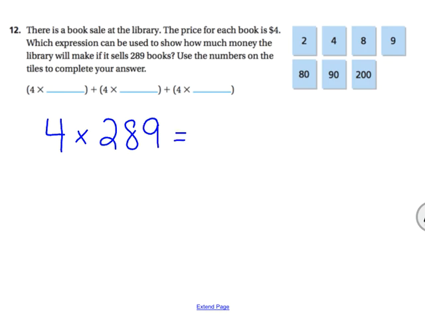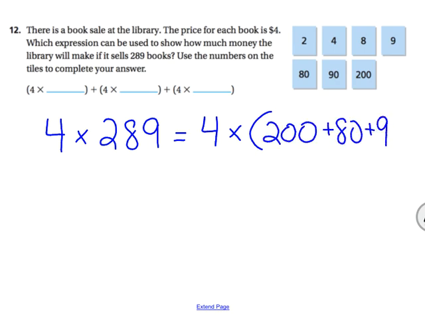Again, with expanded form or distributive property, the whole point is to break down the 289 into expanded form so then we can get partial products. So all of this ties in together. So we'll do 4 times, in parentheses, here's my expanded form, 200 plus 80 plus 9, okay?